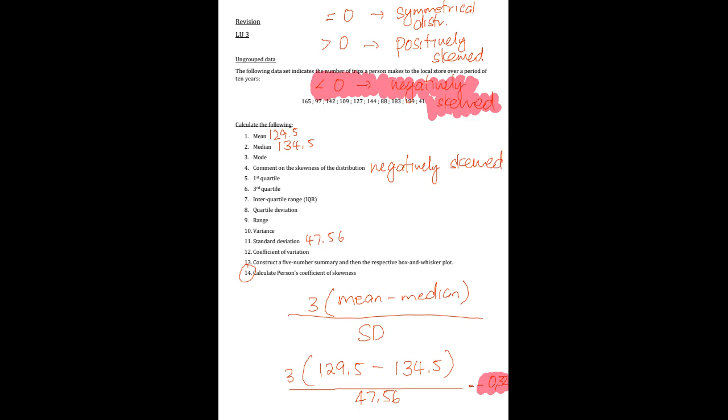And then when we drew up the box and whisker plot just now, we also said it was negatively skewed because the box was bigger on the left, or skewed to the left, compared to the right. So any one of these three methods can be used to tell you about your data set and whether it's negatively or positively skewed.